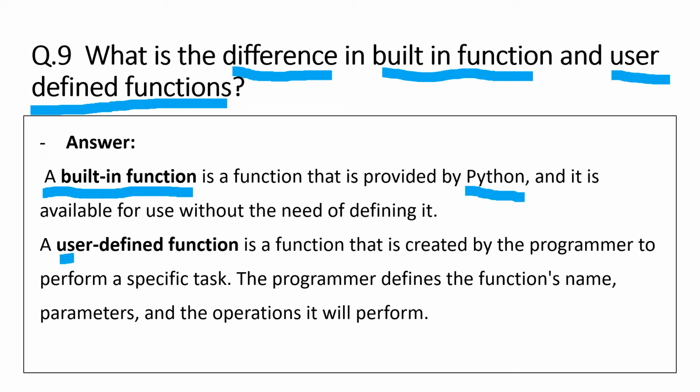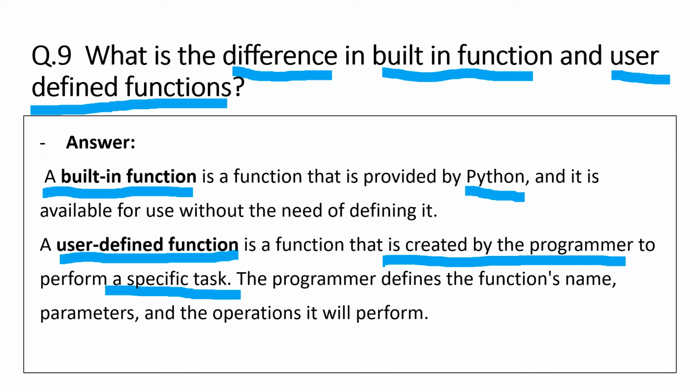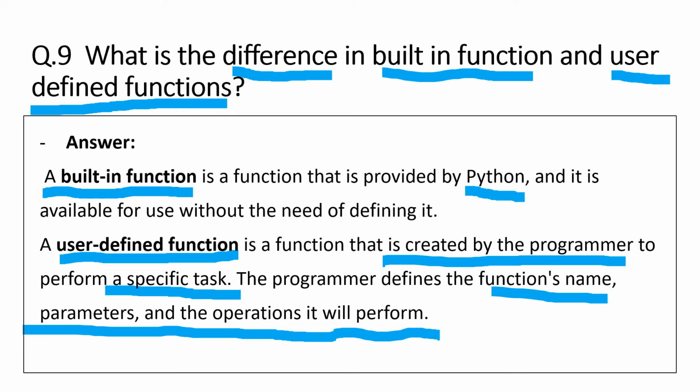But when we are talking about user defined function, it is a function that is created by the programmer to perform some specific task, and the programmer has to define the function's name, parameters and operations which will be performed by that particular function. So user defined function should be created by the programmer only.